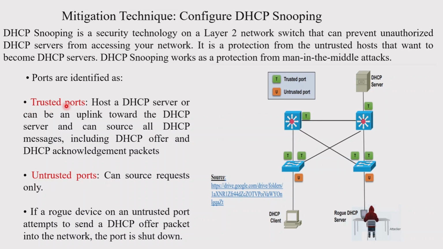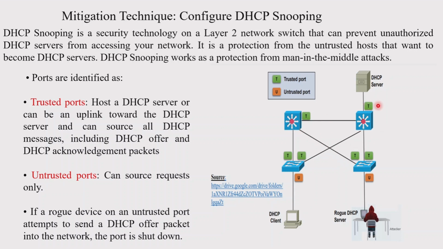What is the meaning of a trusted port? If you configure this interface as a trusted port, and there is one more possibility this way, this is also a trusted port, and one more possible way, a trusted port, right?